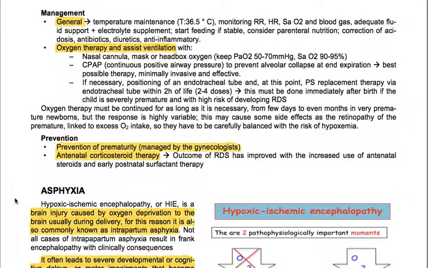If necessary, positioning of an endotracheal tube and, at this point, start pulmonary surfactant replacement therapy via endotracheal tube within 2 hours of life, 2 to 4 doses.